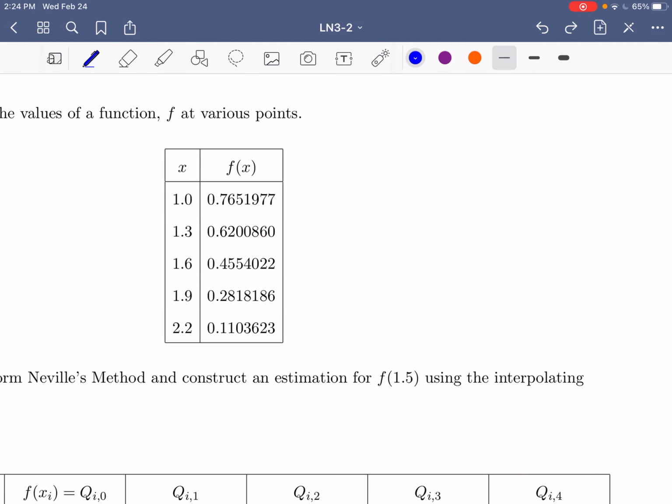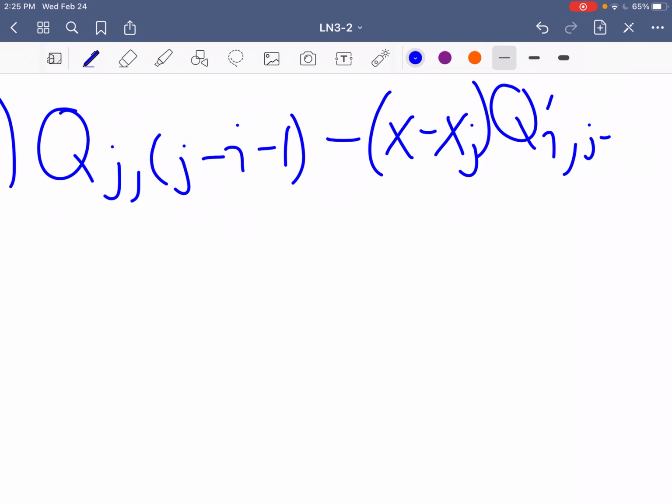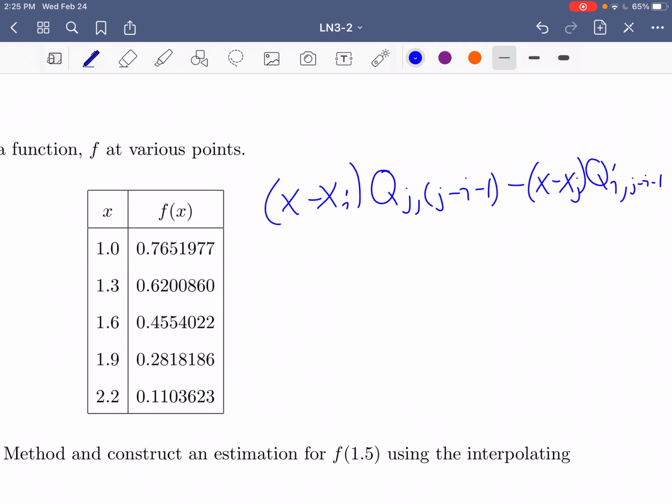So again, I'll rewrite that. We're going to have x minus x sub i, Q j minus i minus 1, minus x sub j, Q i, j minus i minus 1, all over the difference between x j and x i.